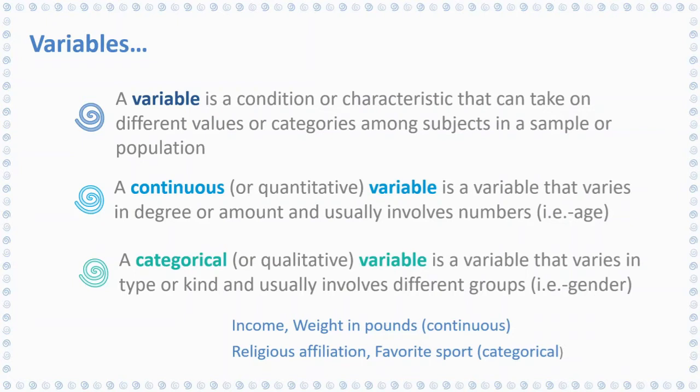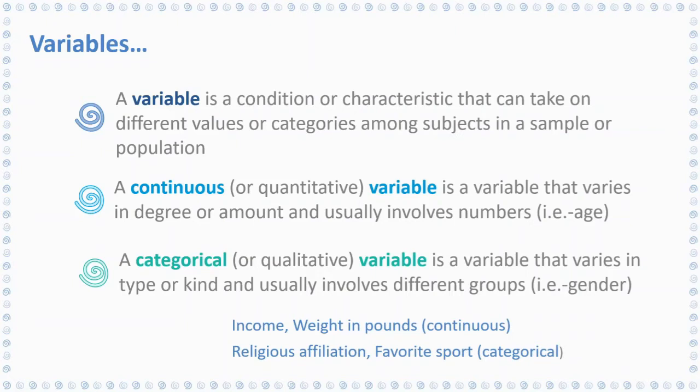You can also have a categorical variable, which is typically considered qualitative. That does not mean that you're doing qualitative research if you have a categorical variable. Qualitative research involves more than just a qualitative variable. However, a qualitative variable is usually, when we're talking about kinds or types of something, it's usually groups.